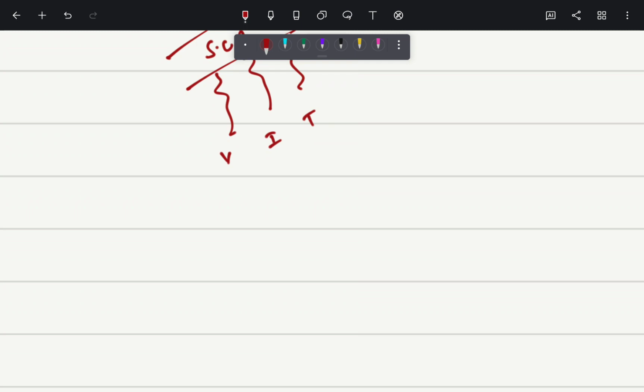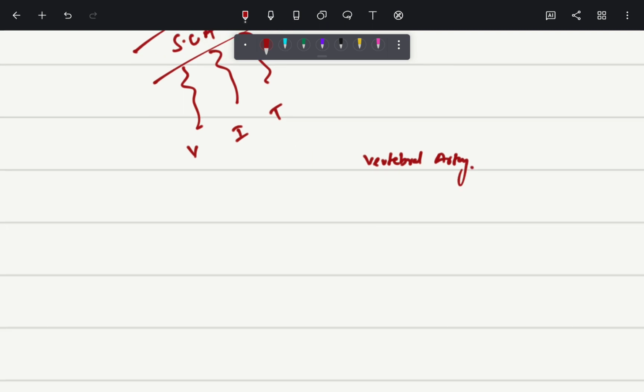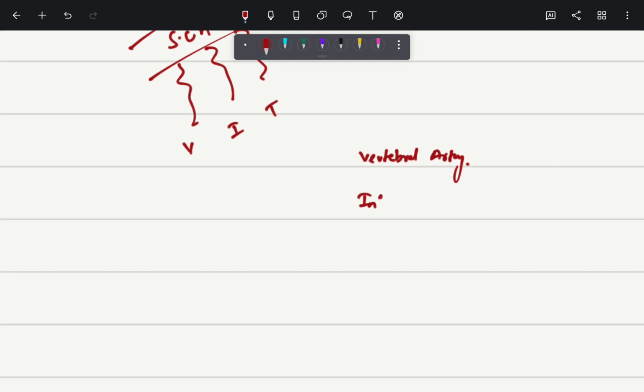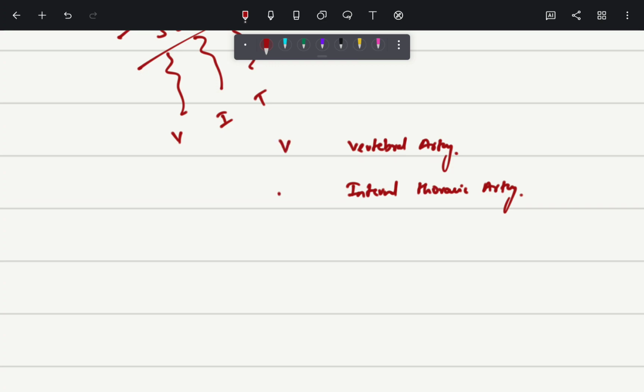V stands for vertebral artery, I stands for internal thoracic artery, and finally we have the T, which stands for thyrocervical trunk.